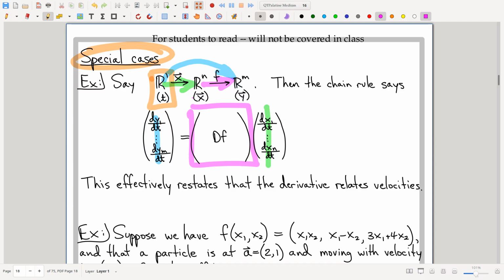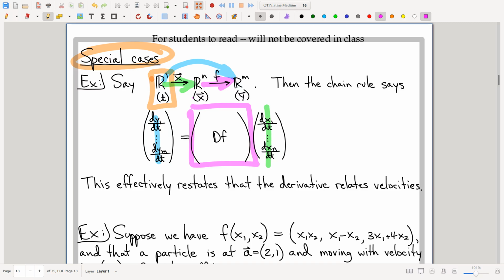We already knew that. Right? So I think it's kind of cool when this happens that you have a big, powerful tool, and one of the special cases is something you already knew, which you can say differently as because of this observation, we can view the chain rule as a kind of generalization of this old fact about derivative matrices. This old fact about derivative matrices is just a special case.